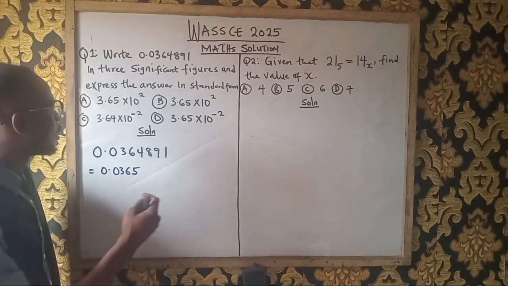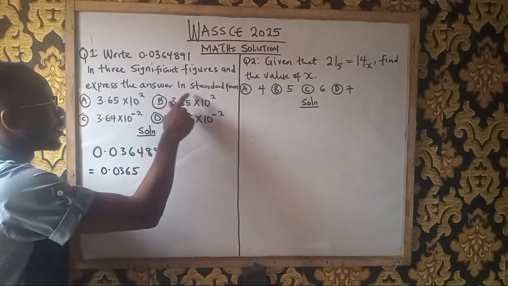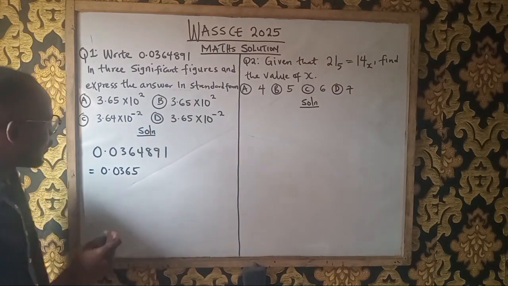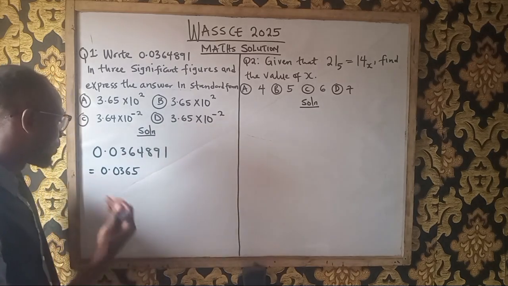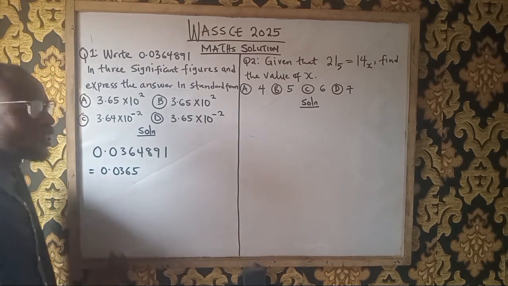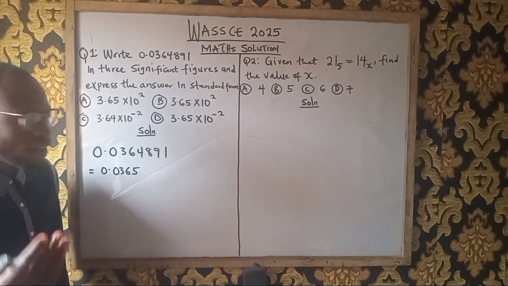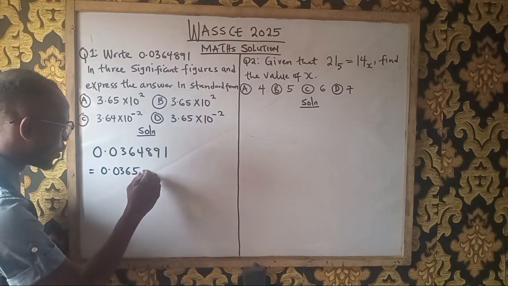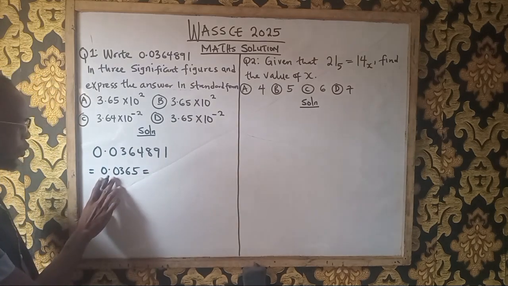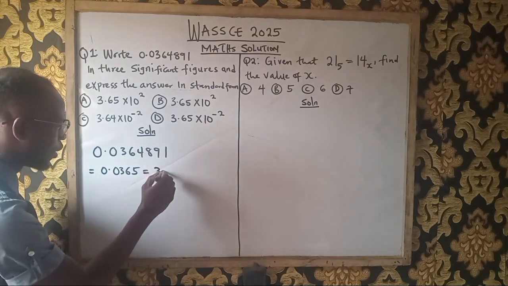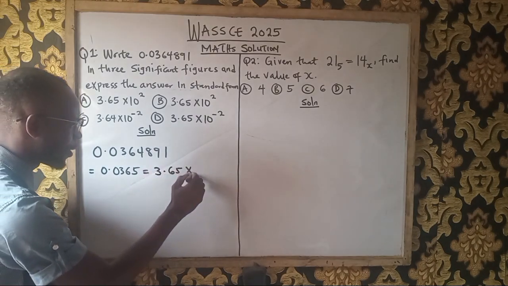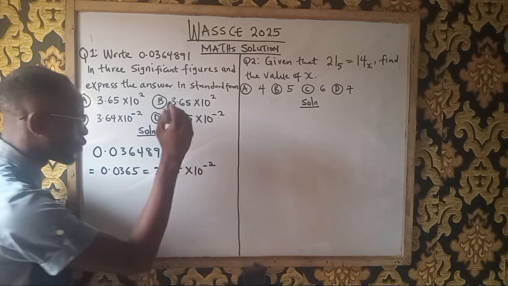Next, we should express the answer in standard form. In standard form, when you have zeros coming before the numbers, the zeros will take a negative power. The easiest way to think of this is to just count the number of zeros you have. How many zeros do you have? You have two zeros, so that will become 3.65 multiplied by 10 raised to the power minus 2.